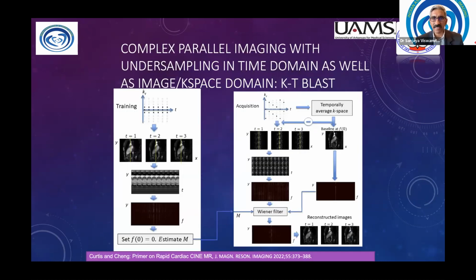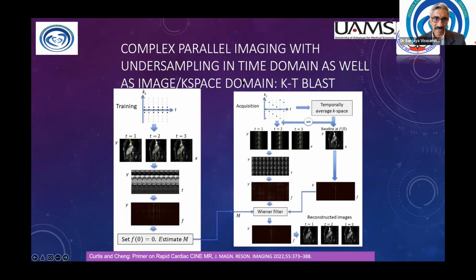Even more complex is something called KT BLAST. I'm not going to try to explain it to you, but I'm just going to give you the information that this has. Essentially, K we already know is K space, and we know the K space from the parallel imaging I've just gone over with you. T stands for time.